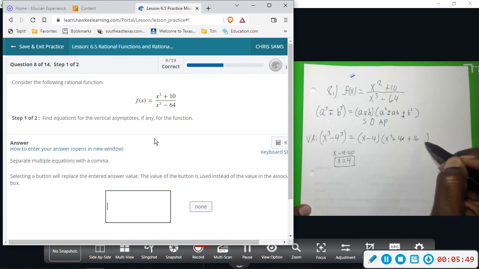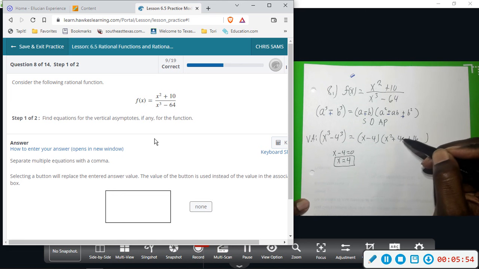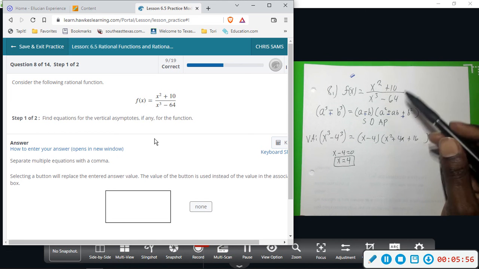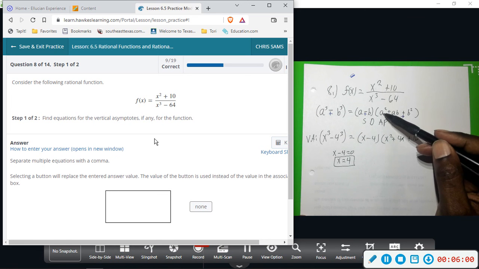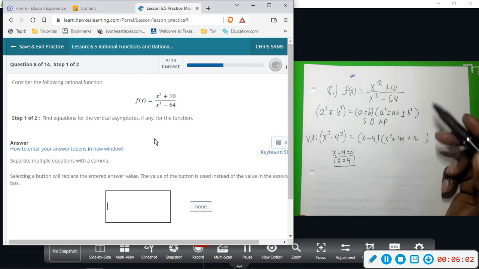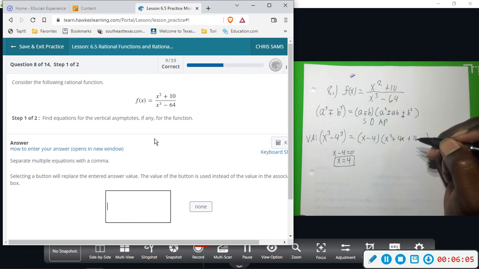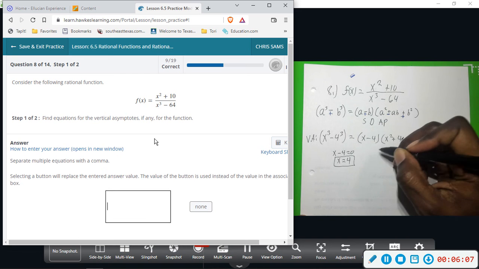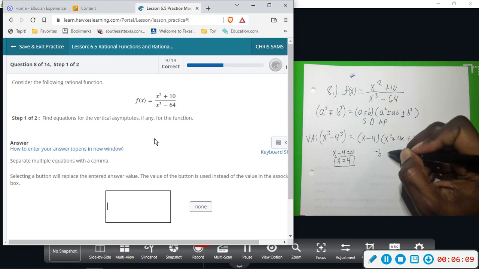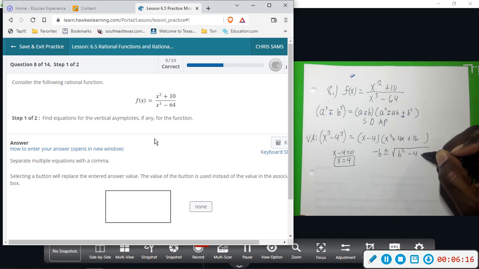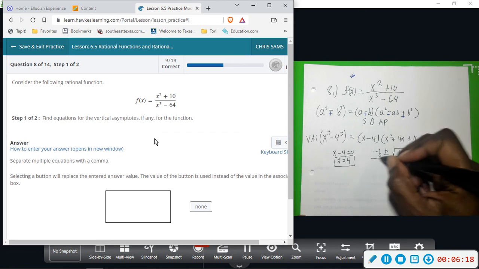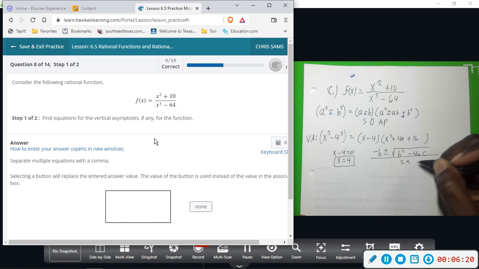And then usually these come out imaginary. It won't factor. So let's go ahead and do the quadratic formula and just verify. If memory serves me correctly, usually every time this comes out imaginary, so we'll only get this one. But let's verify. Negative b plus or minus the square root of b squared minus 4 times a times c, all over 2a.